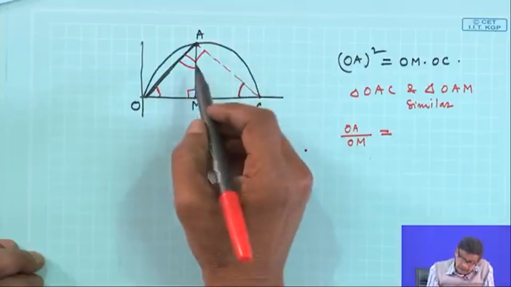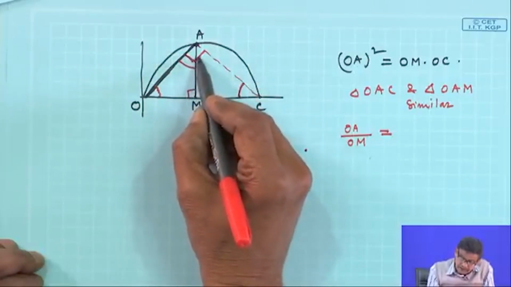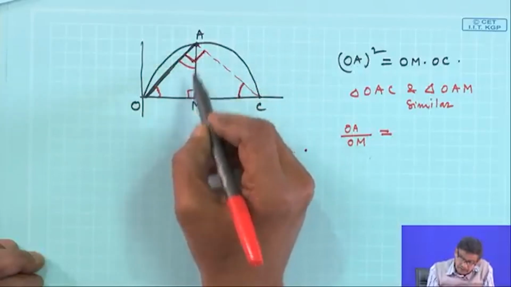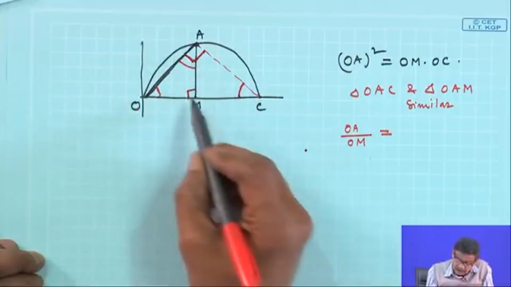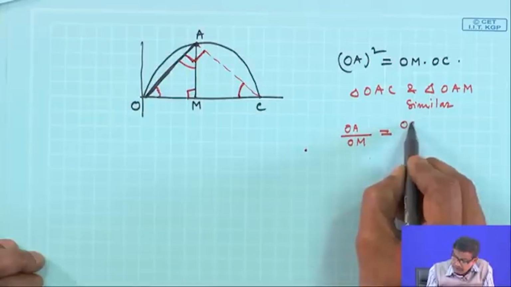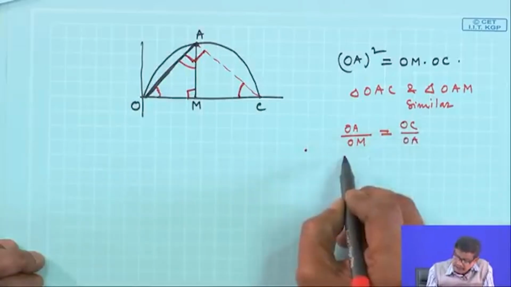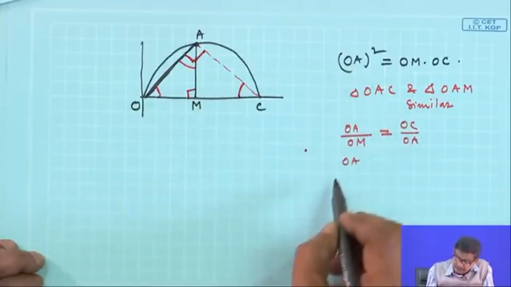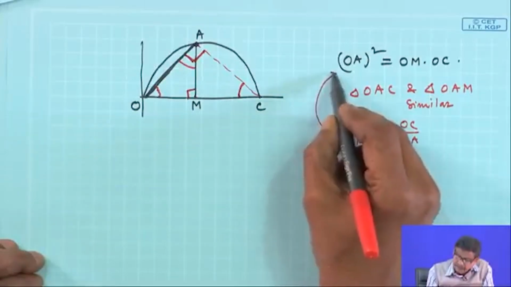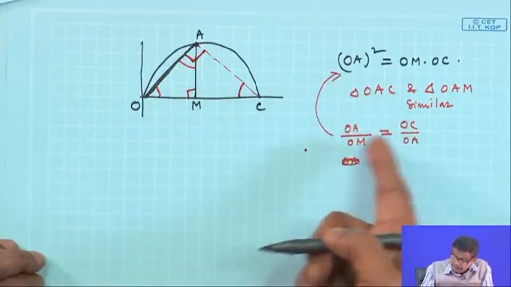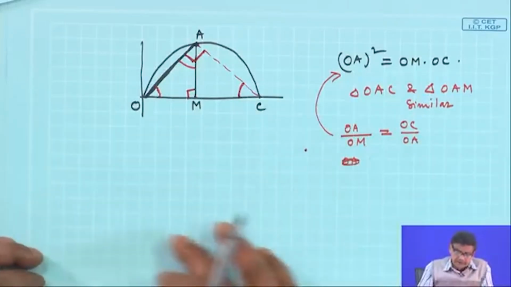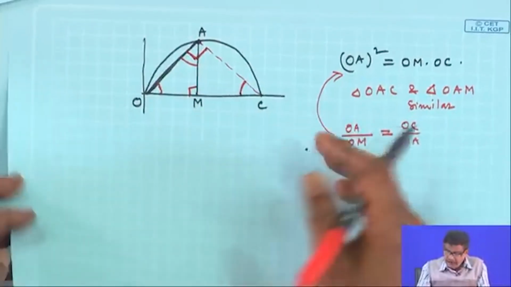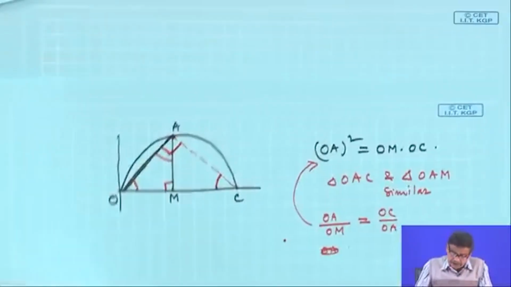Then the opposite sides of these right angles in both the triangles are OC and OA. So, OC by OA, and therefore it gives you this result, OA square is equal to OM into OC. This is a standard result, nonetheless for ready reference I have proved that.